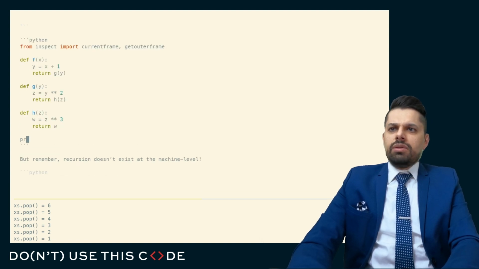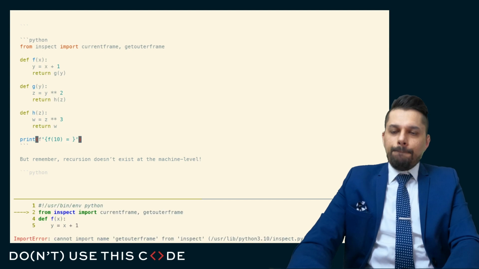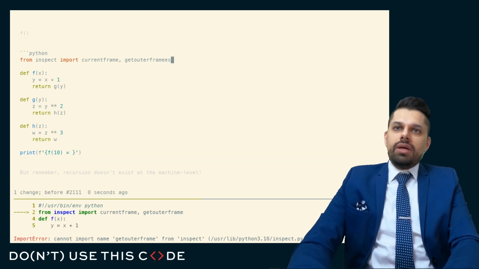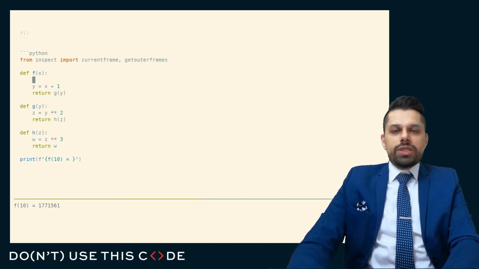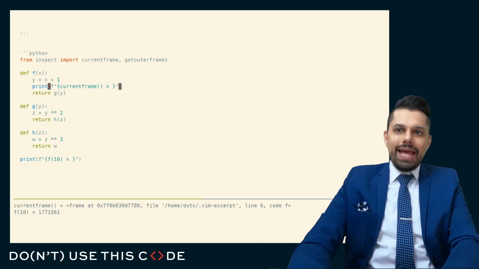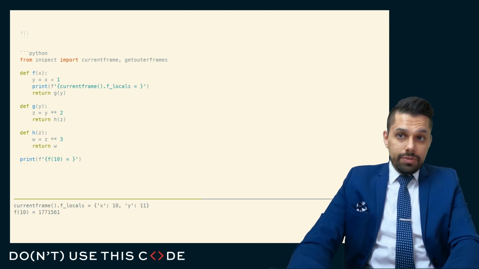And if we call this, we obviously kind of know what this is going to do if we give it some input value. But one of the things we can do, of course, we'll have to fix our imports, is at each stage, we can actually ask the stage for what its current frame is, where that storage for these local variables looks like. And we can ask that current frame for its local variables.